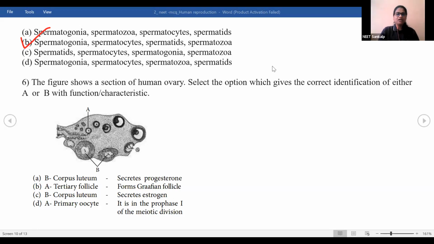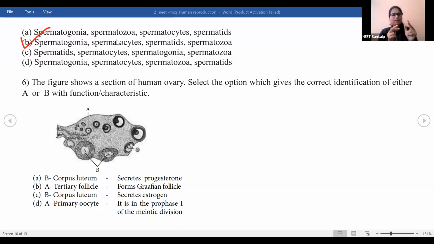Next, the figure shows a section of human ovary. Select the option which gives the correct identification of either A or B, with function or characteristics.